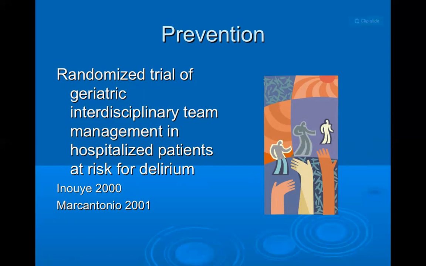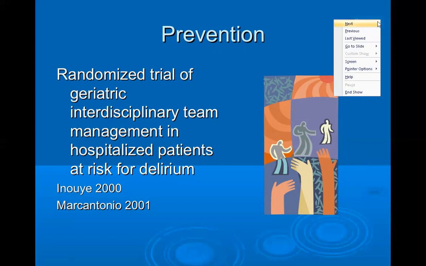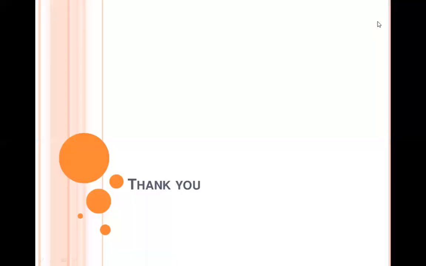We have to use geriatric interdisciplinary team management in hospital patients at risk for delirium. So in this way we will prevent delirium. So this is all about the topic of delirium. So thank you.